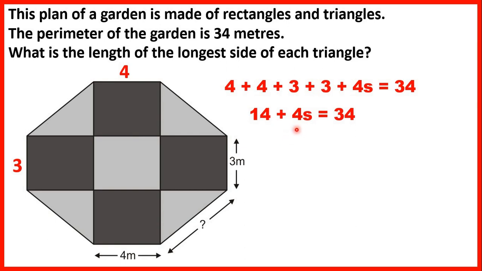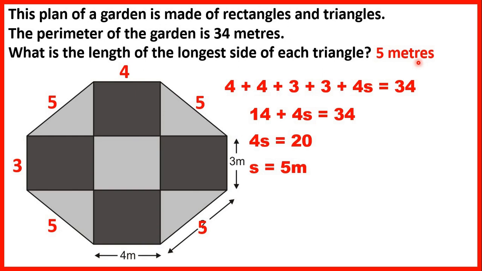So 14 plus the 4 sides equals 34, which means the 4 sides together must be 20, because 14 plus 20 is 34. And if the 4 sides together are 20, to find one side, we can divide 20 by 4, and that gives us 5. So the longer sides are 5 meters.